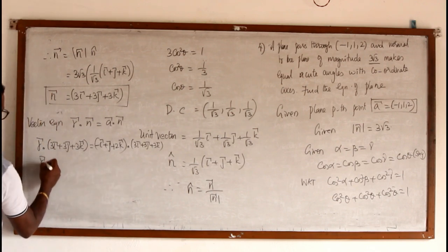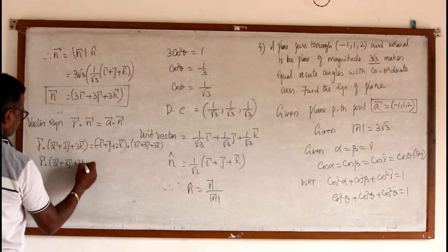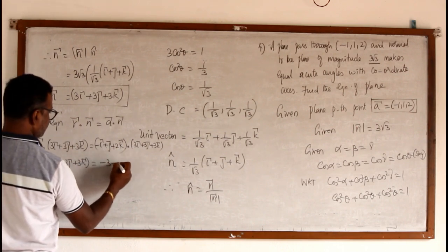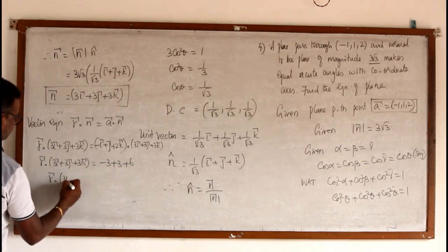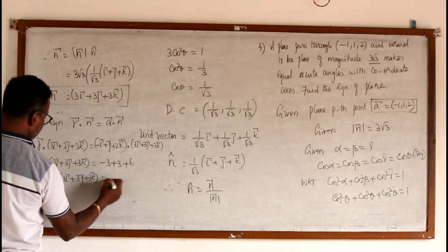That is r dot 3i plus 3j plus 3k equal to minus 3 plus 3 plus 6. So it is r dot 3i plus 3j plus 3k equal to 6.